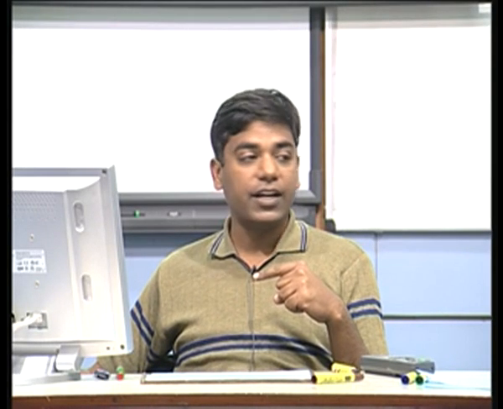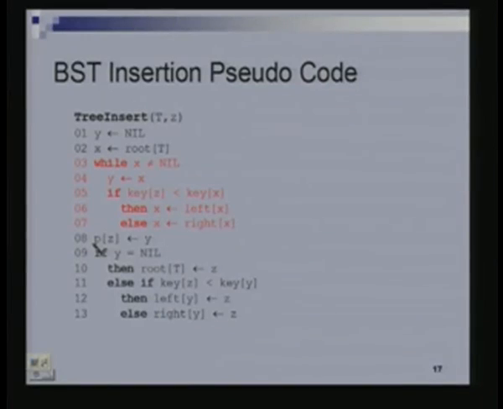Now we have to change the left or right child of y. So y is going to be the parent of the new node we are inserting. Recall that the nodes also have a left child, a right child and a parent. So parent of z gets the value y. And depending upon whether the key of z is less than the key of y or more than the key of y: if the key of z is less, then the left child of y becomes z, and if the key of z is more, then the right child of y becomes z.